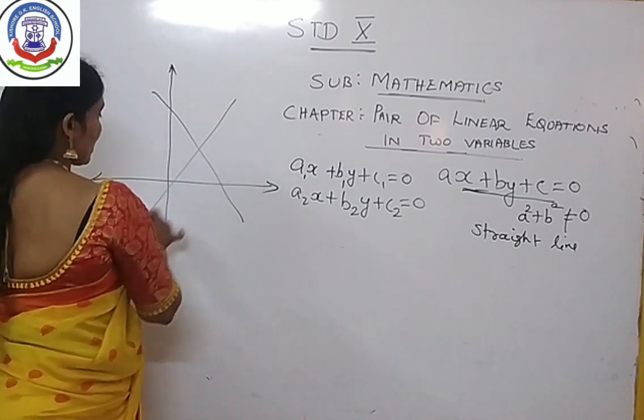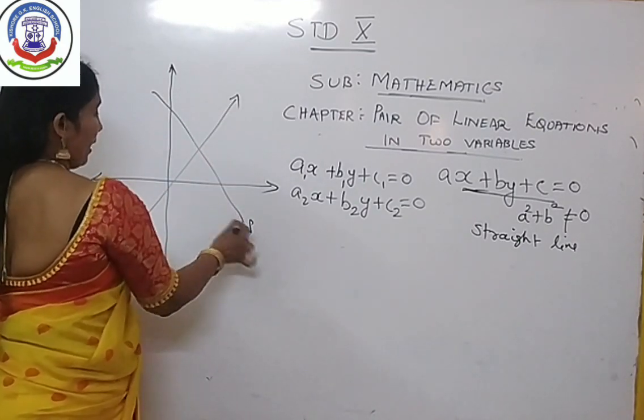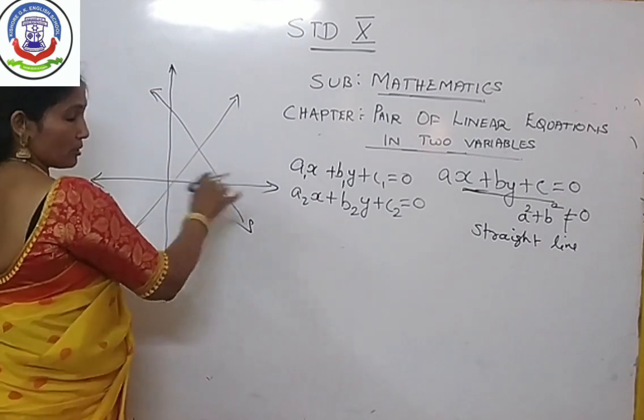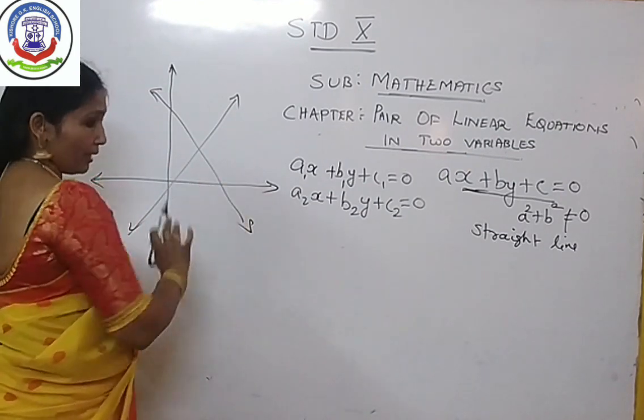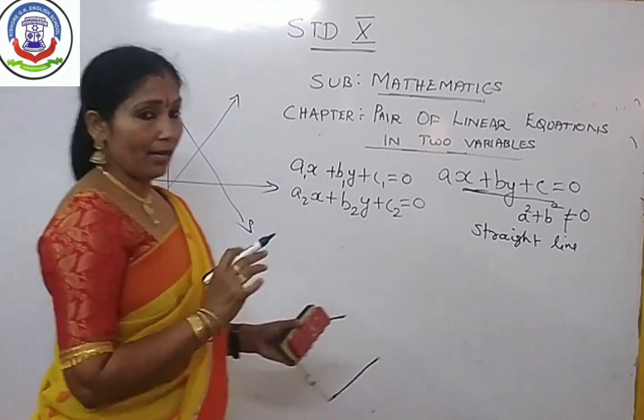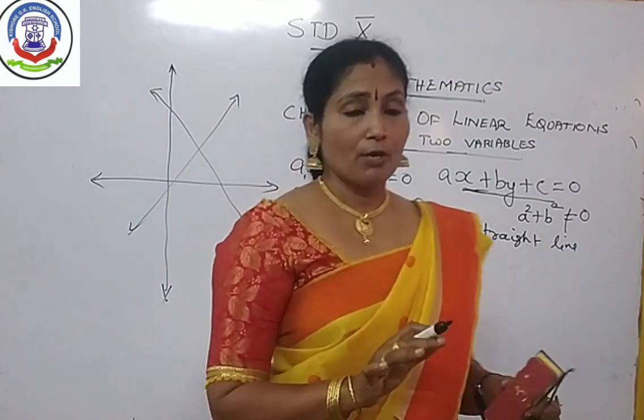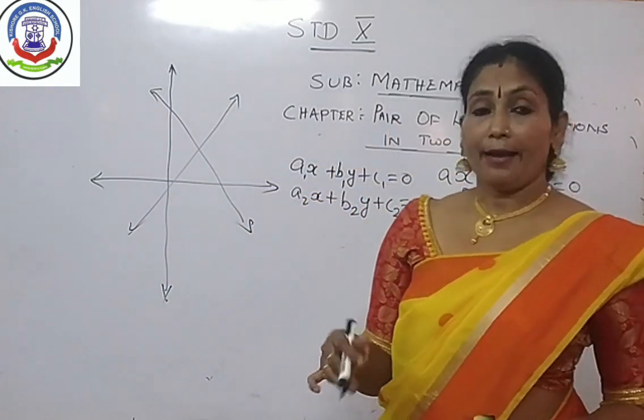It was intersecting this way. I have not written any coordinates or points. I already explained this in the previous lecture, so there is no need to explain it again.